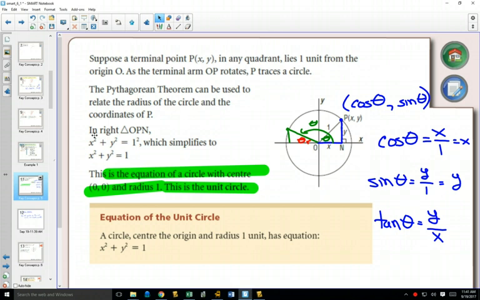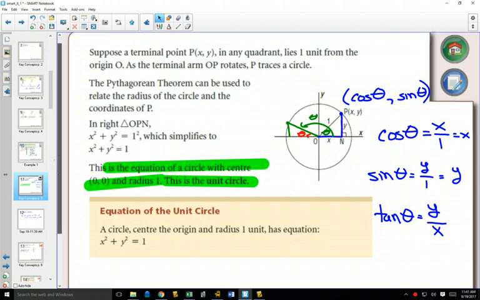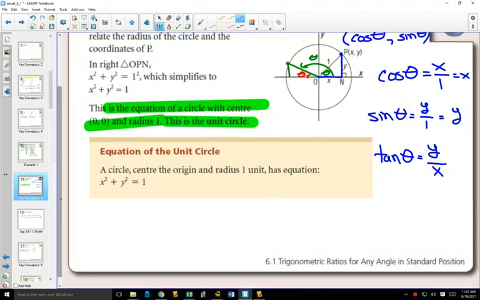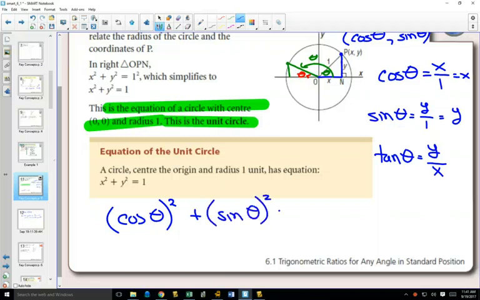But since every point x really represents cos and every point y really represents sine, we can rewrite this equation. Instead of x, I can write cos of theta all squared plus sine of theta all squared equals 1.